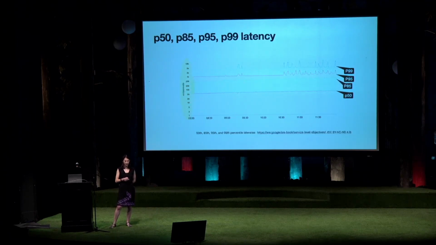So P95 is at 1 second here. And it is even telling us further that 1% of our requests is even slower than that. So it's at 5 seconds. So we really do want to care about those higher order percentiles and observe them and optimize them. Because in a distributed system, even 1% of the requests could have effects in the downstream clients.